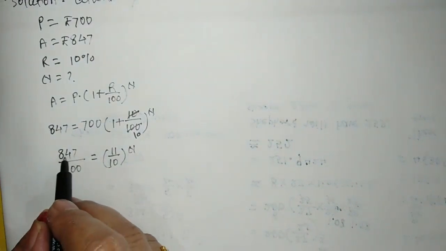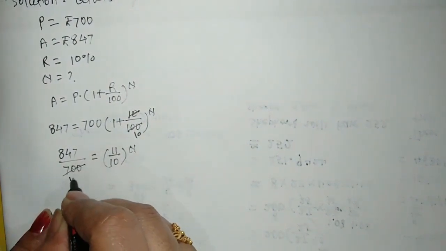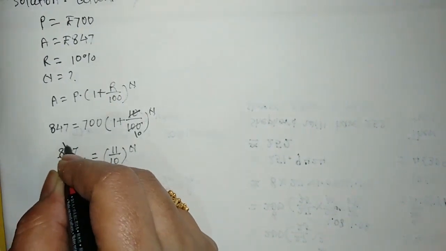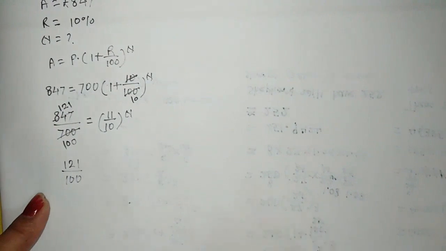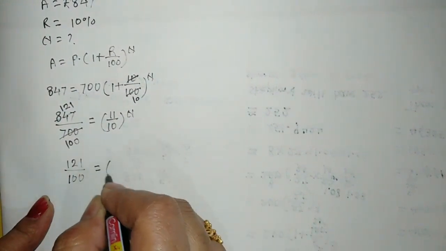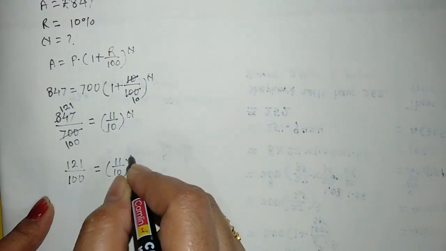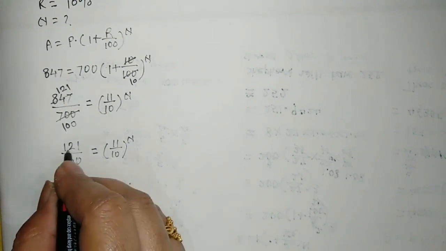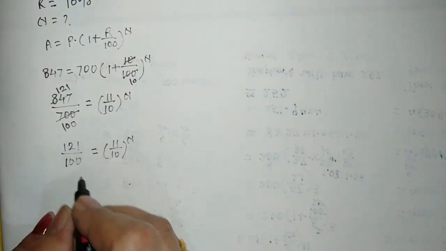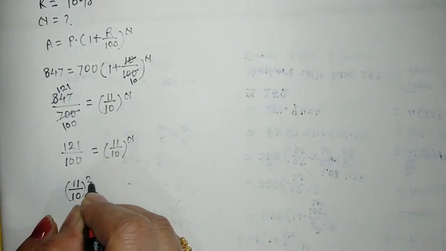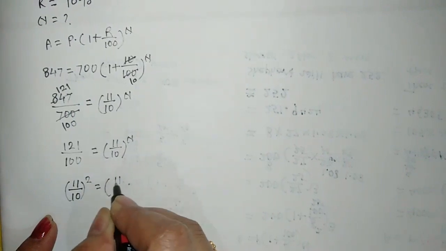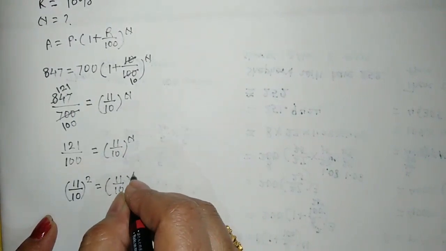So take the reduced form here. 121 upon 100 is equal to (11 upon 10) raised to n. Now see, 121 and 100 both are perfect squares. So it is (11 upon 10) square is equal to (11 upon 10) raised to n.